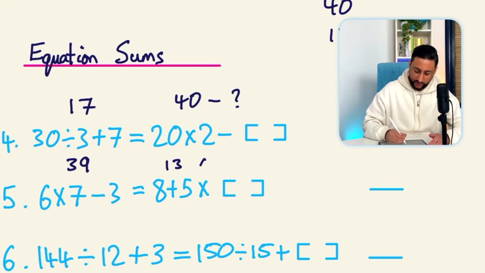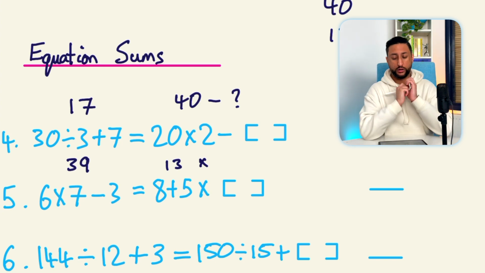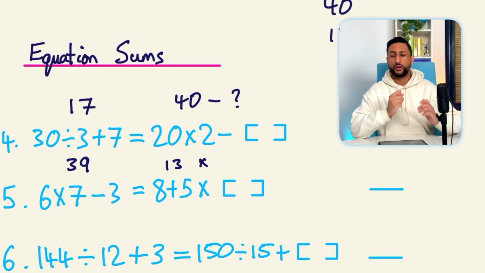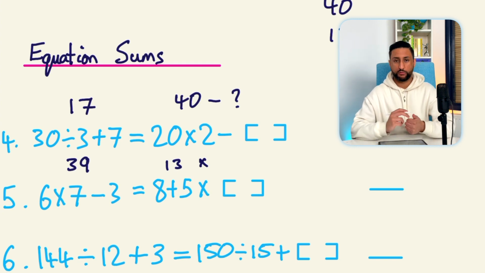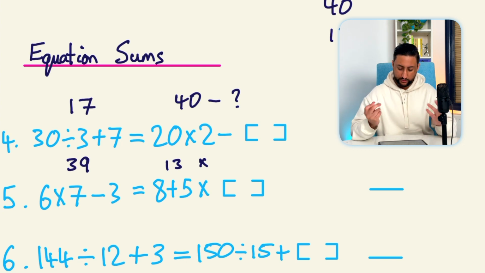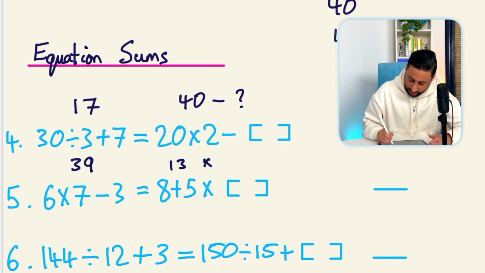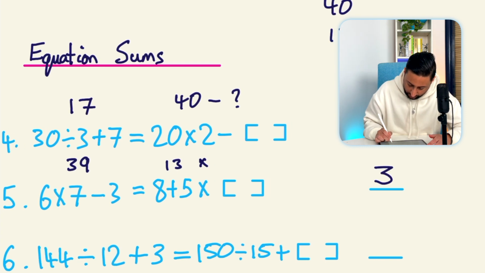Now 13 times something equals 39. More than likely you don't know your 13 times table, but you can work it out. 13 times 1, 13. 13 times 2, 26. 13 times 3, 39. Therefore, the answer for this question, number 5, is 3.